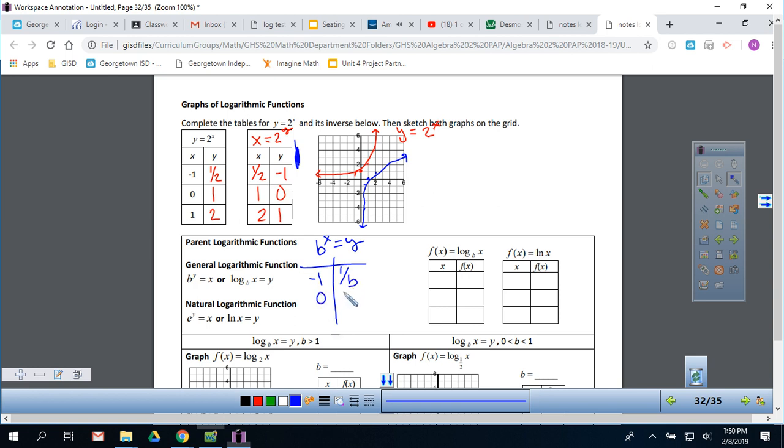B to the 0 power is 1, and b to the 1 power is b. So then, if I'm doing the inverse, then what am I going to do with my columns? Flip them. So this is going to be 1 over b, negative 1, 1, 0, and then b, 1.